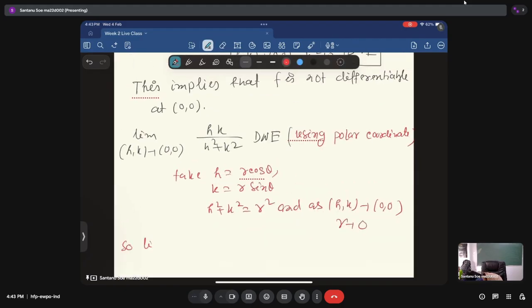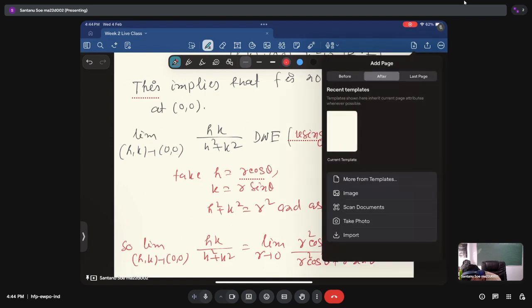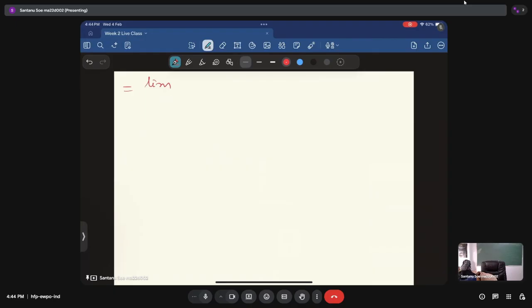So the limit as (h, k) tends to (0, 0) of hk divided by h squared plus k squared is nothing but the limit as r tends to 0 of r squared cos theta sin theta divided by r squared cos squared theta plus r squared sin squared theta, right? And this is the same as the limit as r tends to 0 of r squared cos theta sin theta divided by r squared times (cos squared theta plus sin squared theta). And this is the same as cos theta sin theta.